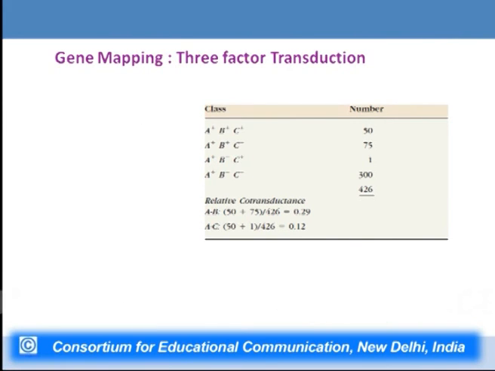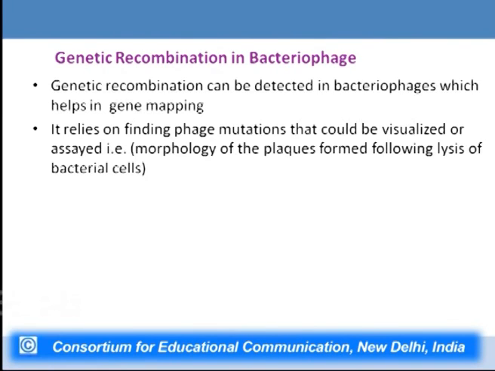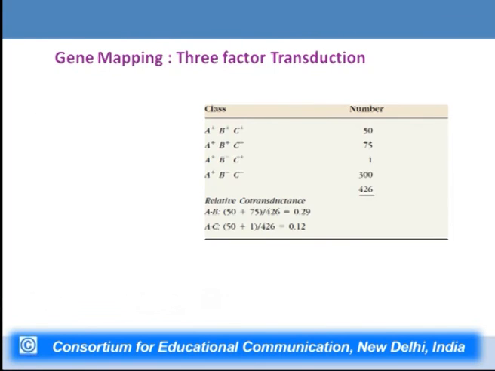So we can establish that in this particular case A and C are at the extremes and B is at the center of the DNA particle. So gene distance as well as gene order can easily be made out.